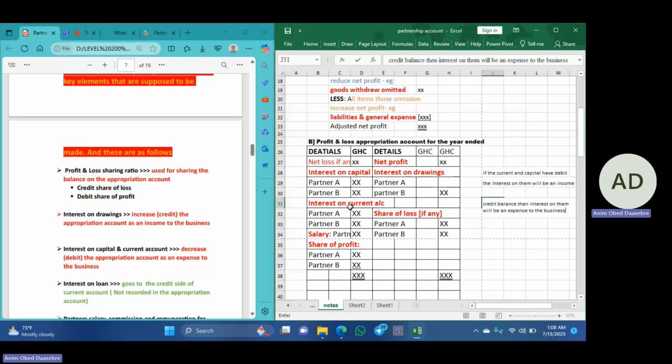So in that case, it is going to be debited to the appropriation account.